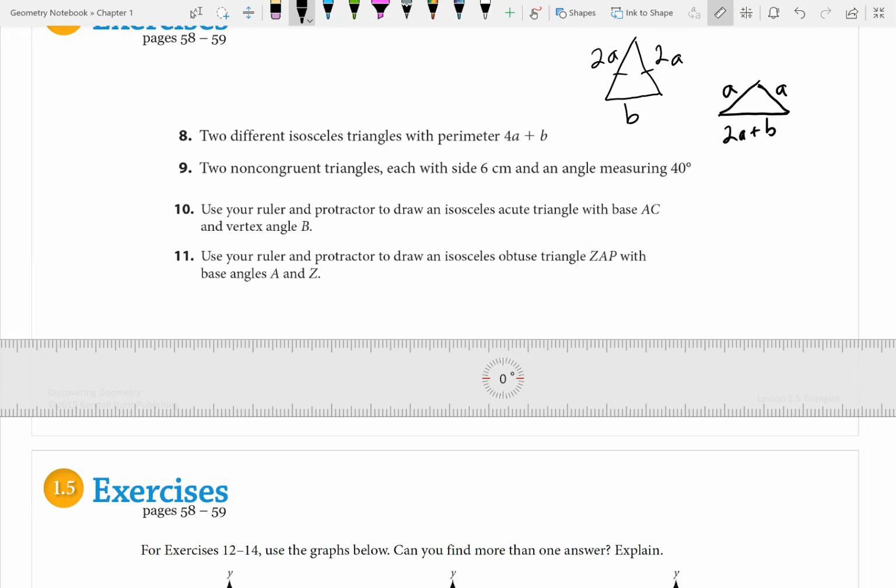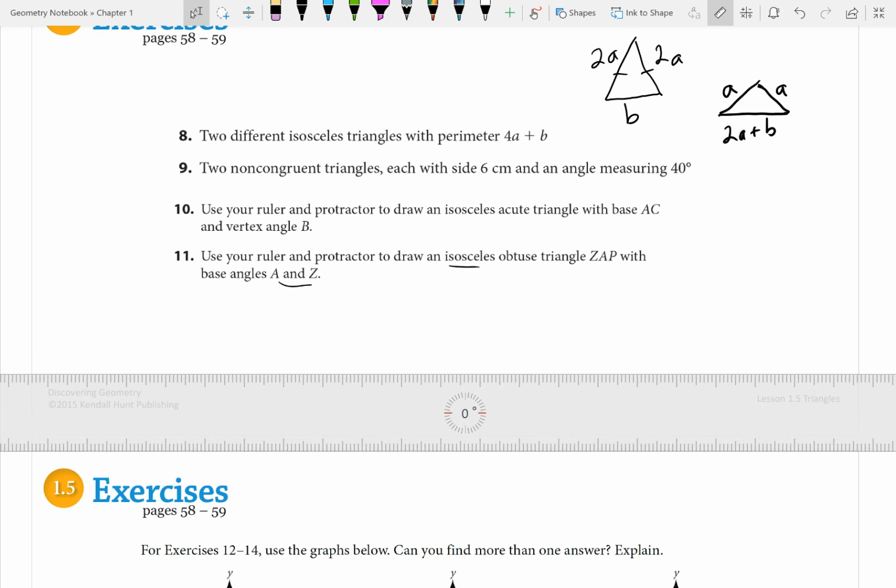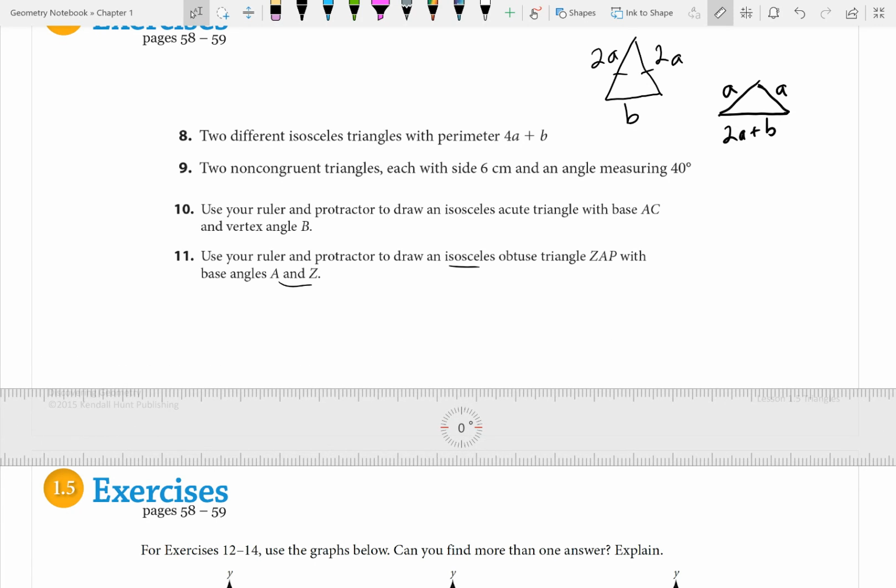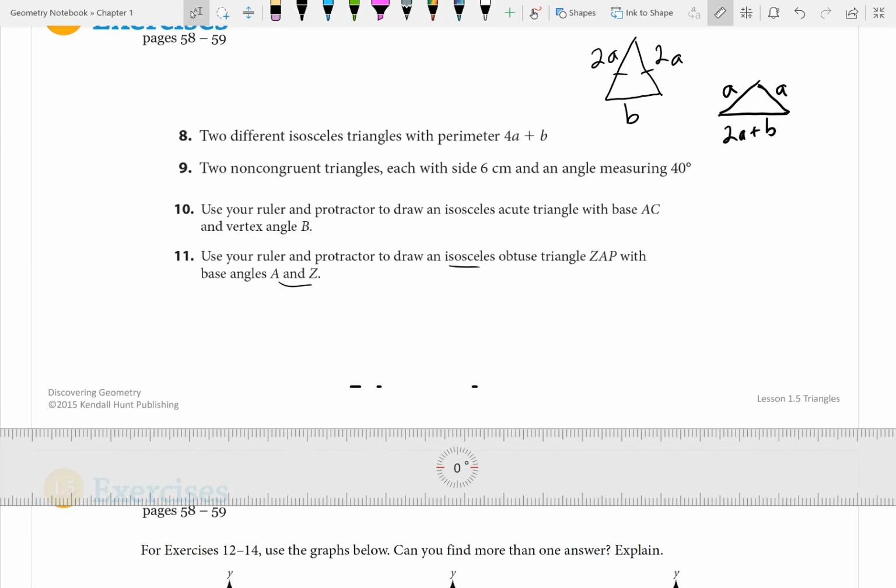So isosceles meaning, oh, and base angles A and Z. Okay, so that means that on the base, go ahead and mark that. I have point A and I have point Z.